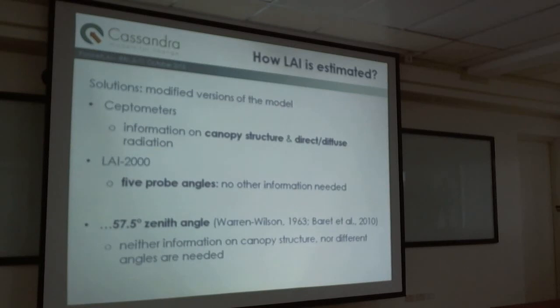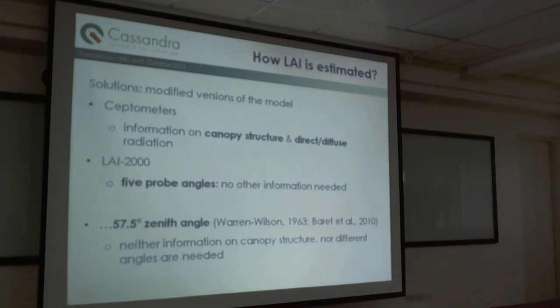And he made a lot of interesting things. Among these, he developed a particular version of the light transmission model, a very simple one but very effective, which is based on just 1 probe angle, and this is the probe angle needed: 57 degrees.